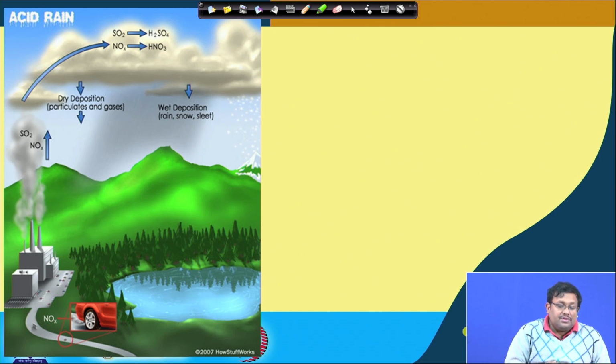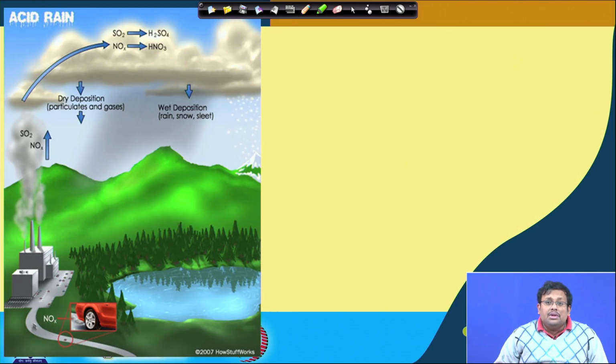Burning of fossil fuels produces sulfur dioxide as well as nitrogen dioxide, which go to the atmosphere and are either deposited as dry deposition in the form of particulates or gases, or produce sulfuric acid and nitric acid and are deposited as wet deposition: rain, snow and sleet.